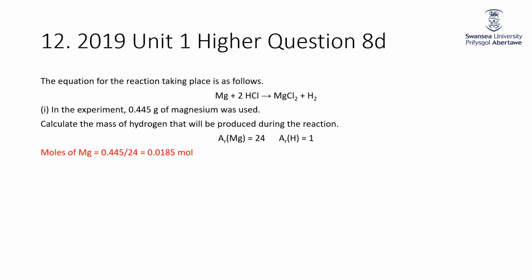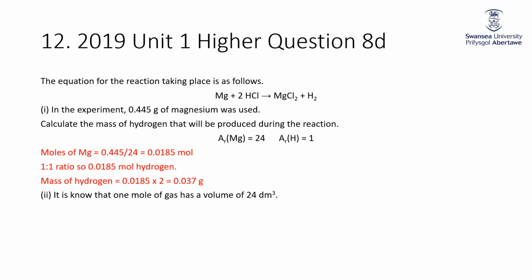So we do moles of magnesium, which is mass over Ar, to give 0.0185 moles. This is a 1-to-1 ratio, so we have 0.0185 moles of hydrogen times by the Mr of hydrogen, which is 2, to get 0.037 grams of hydrogen.